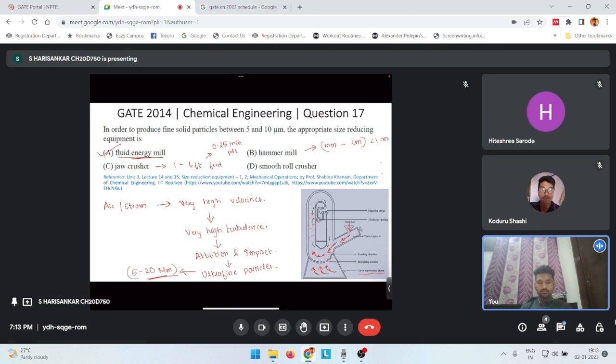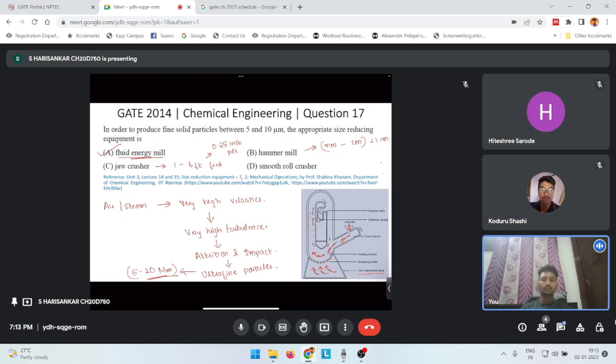So this diagram here is basically a very simple schematic of a fluid energy mill. I hope the explanation for the working principle of a fluid energy mill is somewhat clear. As I said, for the fluidization to occur, we usually use air or superheated steam at very high velocities, which in turn leads to very high turbulence inside the fluid energy mill.